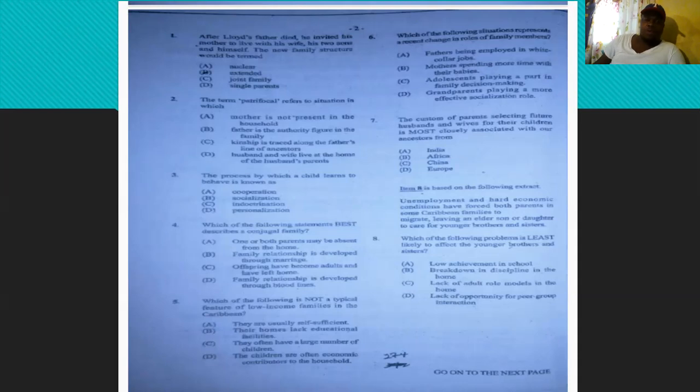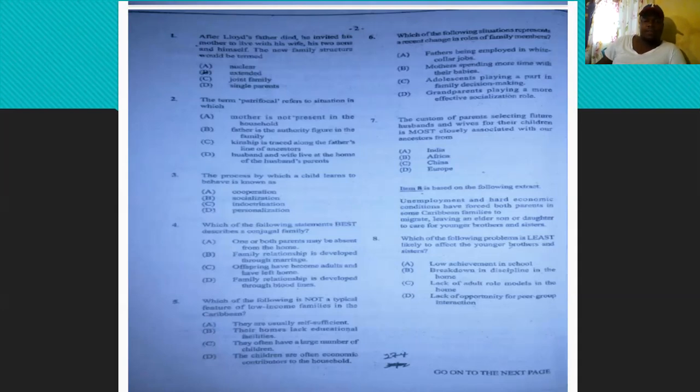Number five, which of the following is not a typical feature of low-income families in the Caribbean? What's not a typical feature of poor families? So three are features, one is not. A, they are usually self-sufficient. B, their homes lack educational facilities. C, they often have a large number of children. Or D, the children are often economic contributors to the household.